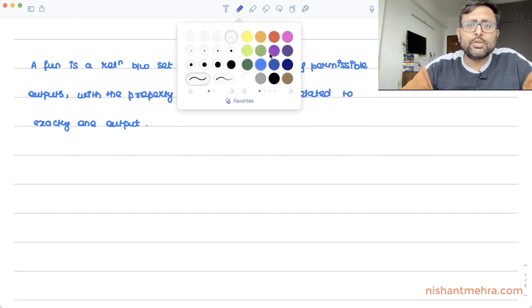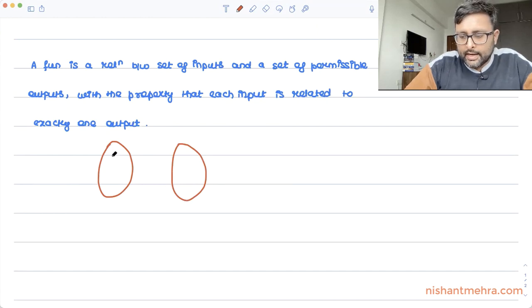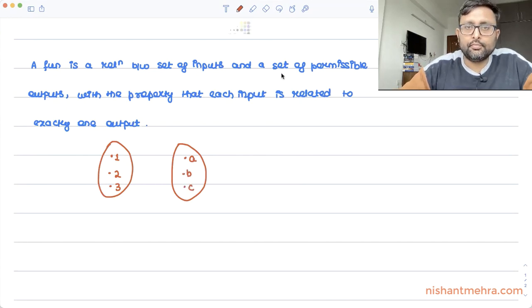So for example, there are two sets. Here I have three elements, 1, 2, 3. And here I have A, B, and C. So this is the set of inputs, and then you have the output out here.